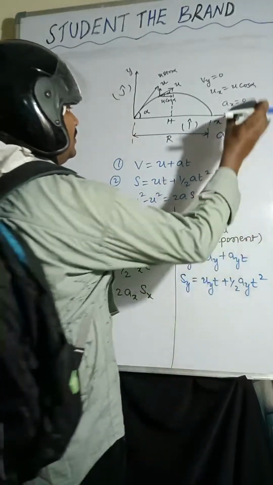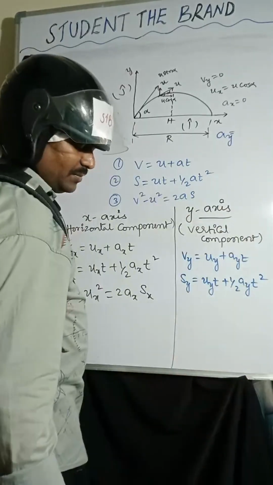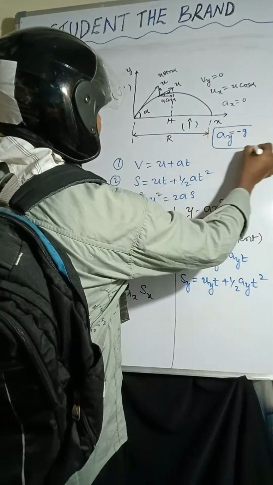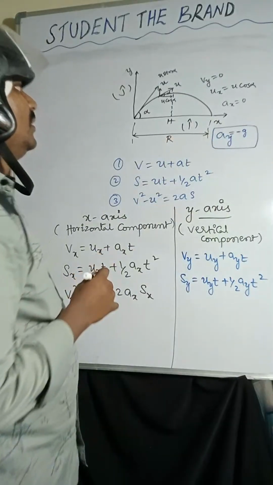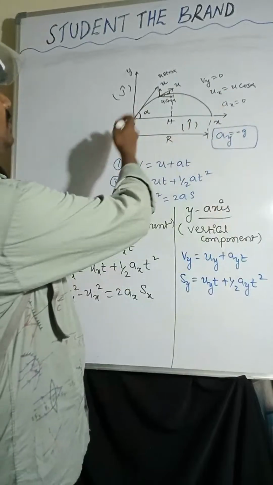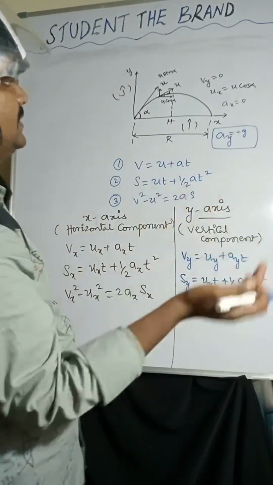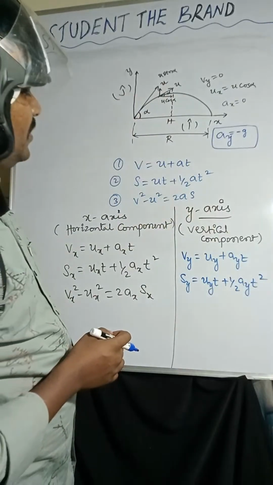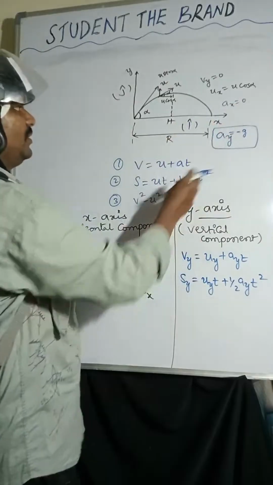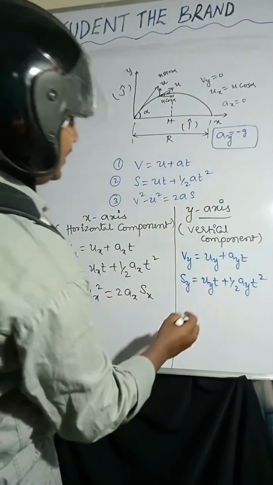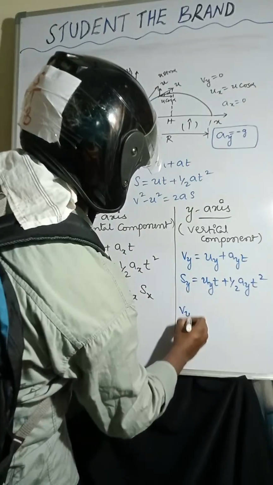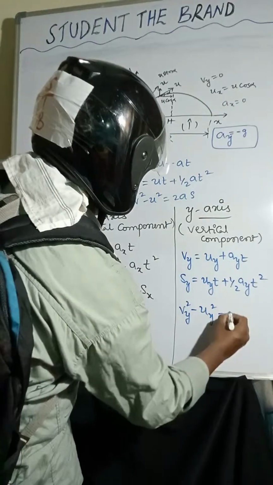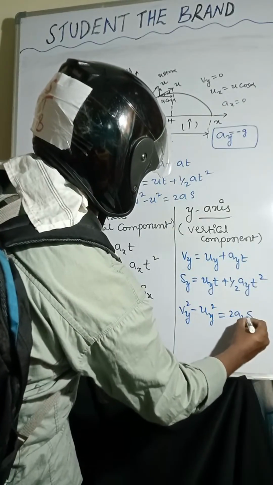Acceleration due to gravity is minus g, so I am taking the minus sign. For the vertical component it is j cap. For the x-axis, the horizontal component, ax equal to 0, and ay equal to minus g. Here again vy whole square minus uy whole square equal to 2 ay sy.